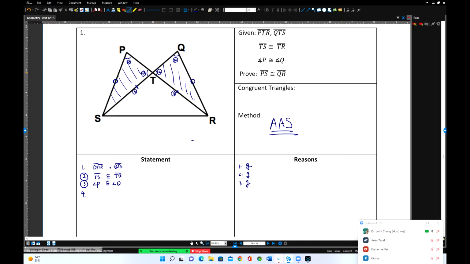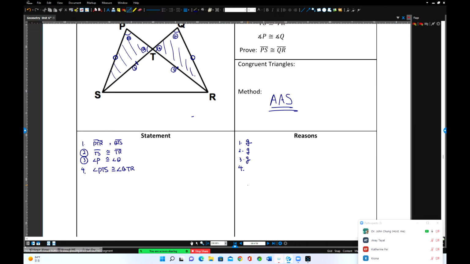Just say these two angles are congruent. So angle PTS is congruent to angle QTR. It's very simple, not many steps. The reason is you can just say vertical angles are congruent. Many teachers like that.